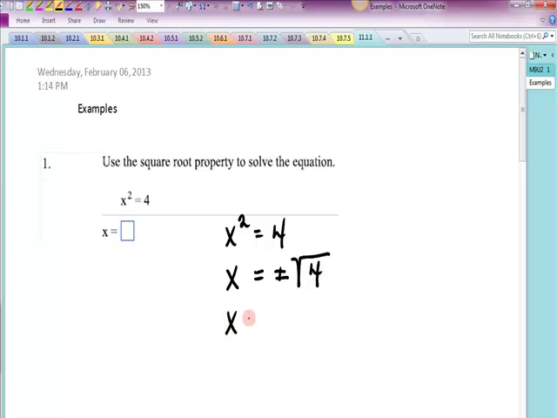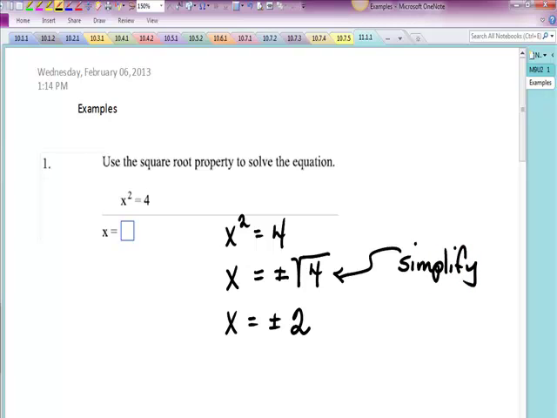You can simplify it and get two answers that are rational. Sometimes this is not a perfect square, but you could simplify it. Sometimes this is negative and you'll get imaginary answers. So we will always simplify, if we can, the radical of the constant.